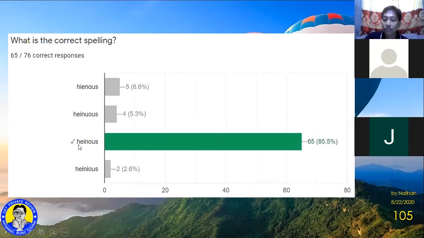You say heinous, and then you try to spell it, you know right away there's no I after the N. But if you pronounce it the wrong way, then you will be confused. Wait, probably there's an I after N because I say it that way. Okay, again, a wrong habit will brew another wrong habit.